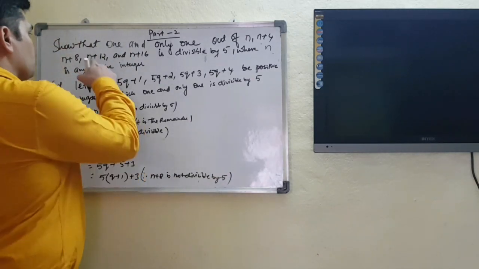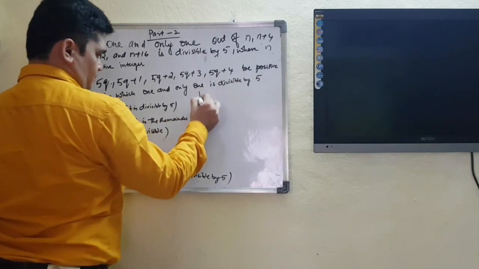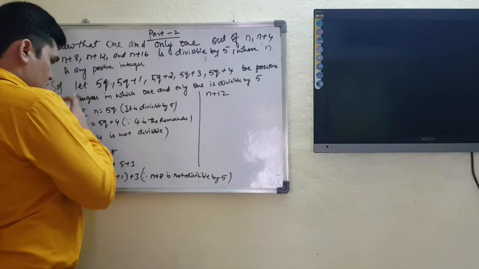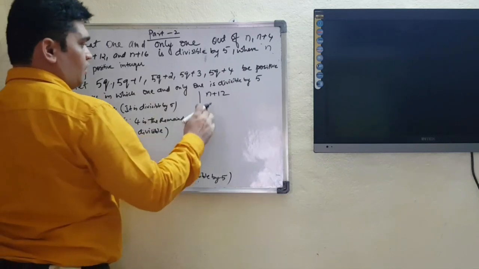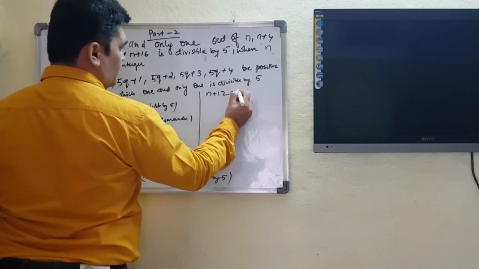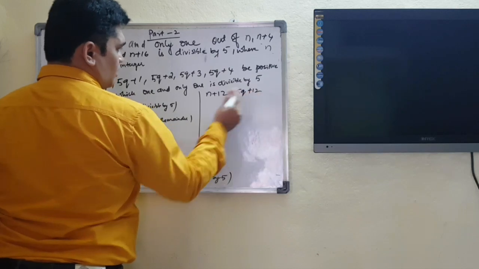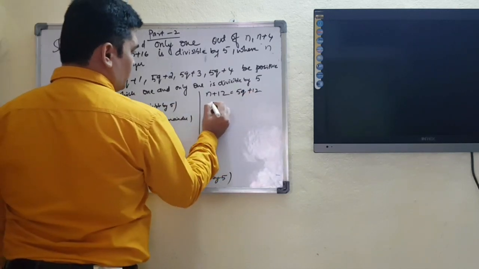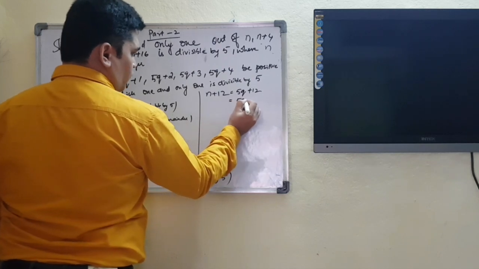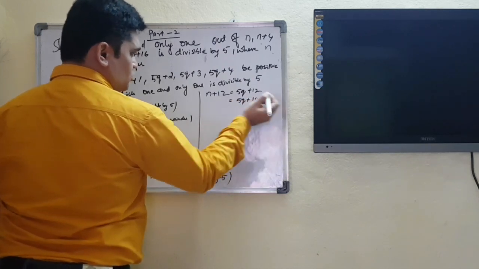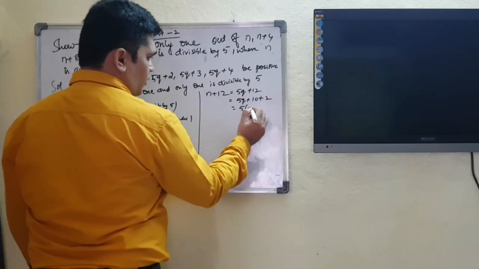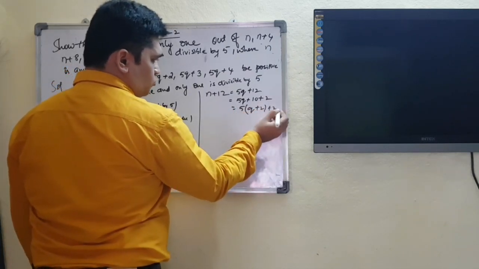Now, substitute in n plus 12. Still the case 1, you need to understand. Now, n what you have considered? n is 5q, so 5q plus 12. Now, 12 can be written as 10 plus 2. Common is again 5, so 5 times q plus 2, plus 2.